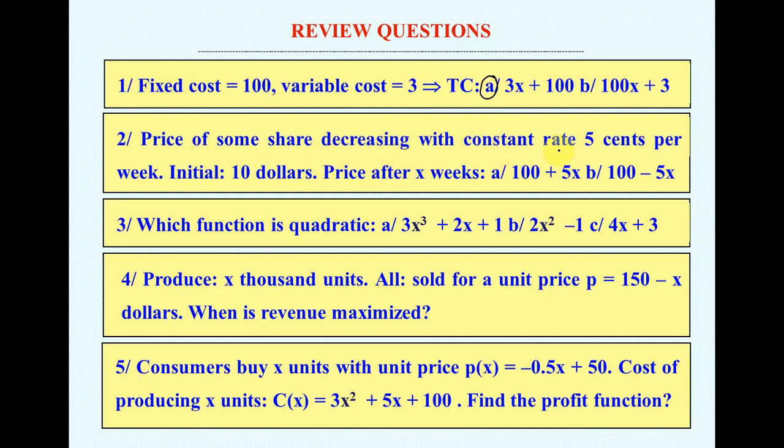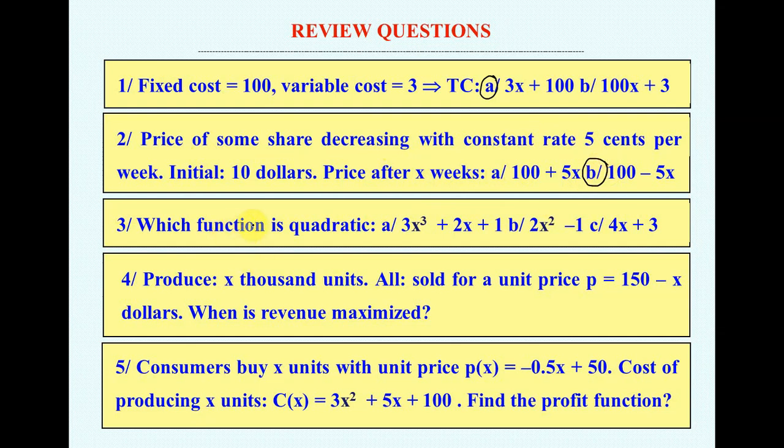When you see constant rate, you think about the linear function. And since it is decreasing, you will have the slope here negative. So the price after s months, you see here we have two linear functions, but the slope is minus 5, so the answer is B.